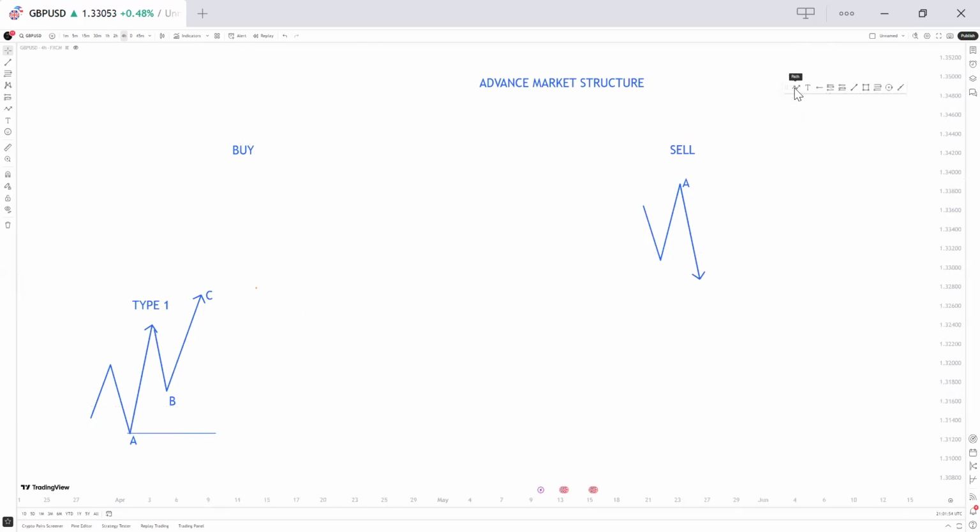Now, that's type 1. For type 2, our type 2 will be like this. Type 2 is like this. First of all, you see something like this.